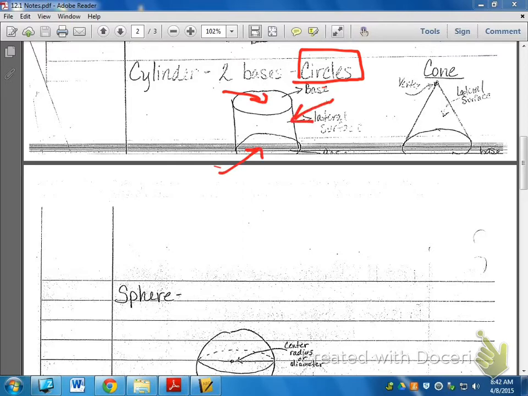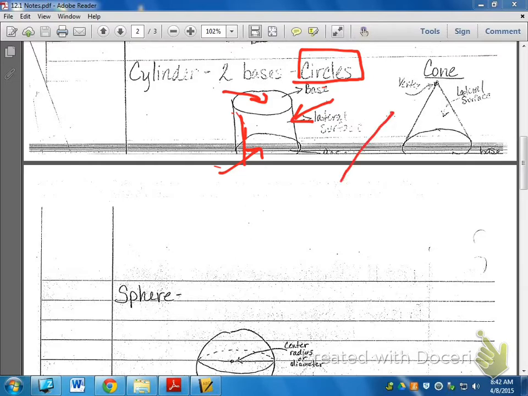If you were carrying a can of green beans, what you normally would hold is the lateral surface. If you cut up the side of that and opened it up, do you know what shape that would open up to be? A rectangle. It'd be like taking a piece of paper and rolling it up. That piece of paper would be your lateral surface, and it would be the rectangle.